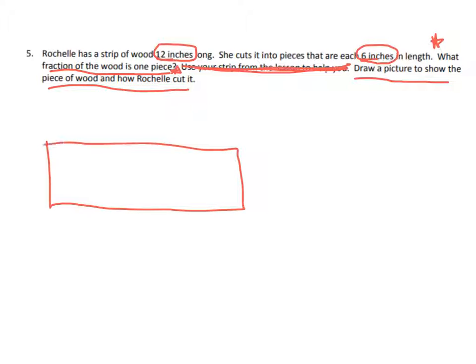So here's a rectangle. By the first sentence, I know that the whole piece is equal to 12 inches long. So she cuts it into pieces that are each 6 inches in length. So the first piece is going to be 6 inches.